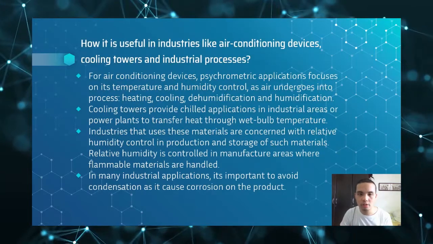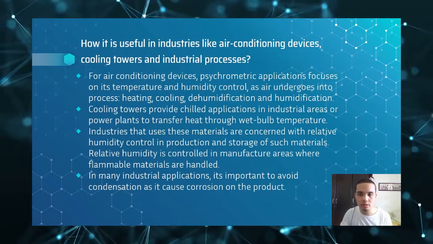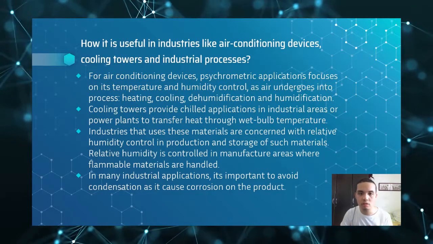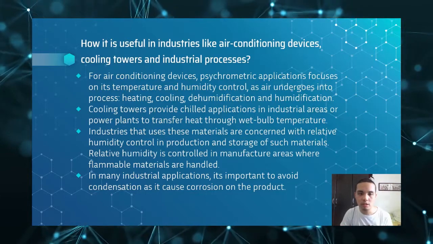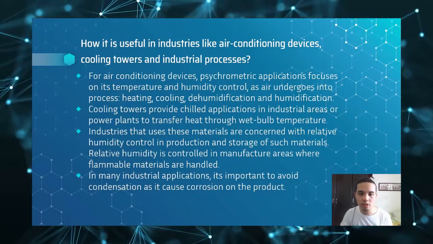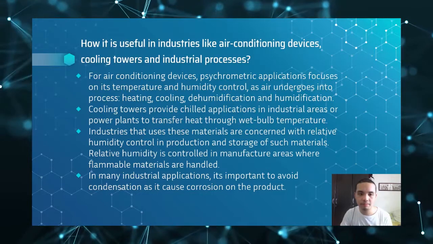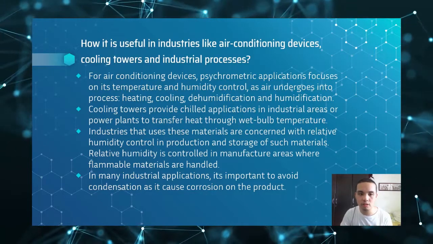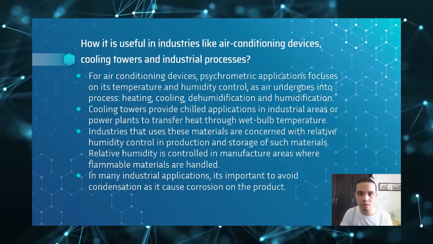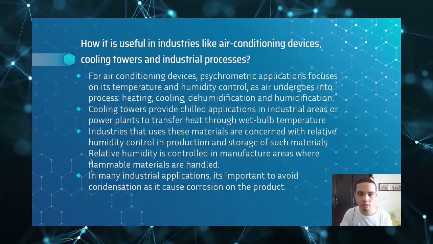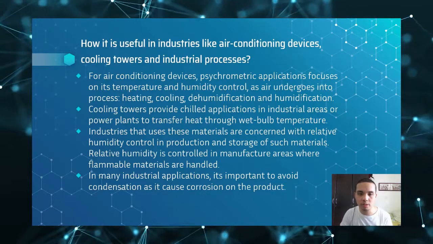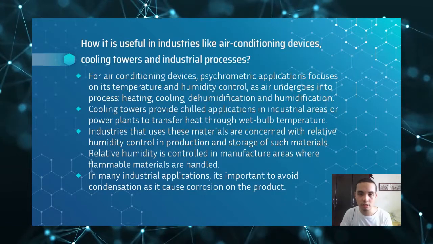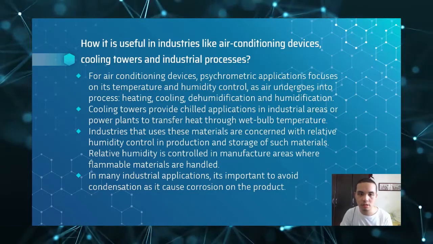For air conditioning devices, psychrometric application focuses on temperature and humidity control, as air undergoes processing, heating, cooling, dehumidification, and humidification. Cooling towers provide chilled applications in industrial areas or power plants to transfer heat to wet bulb temperatures. Industries that use these materials are concerned with relative humidity control in production and storage of such materials.